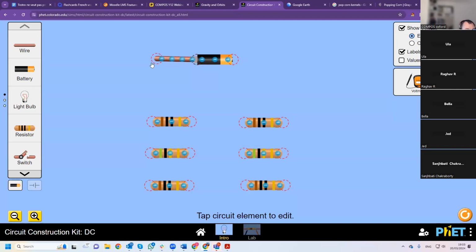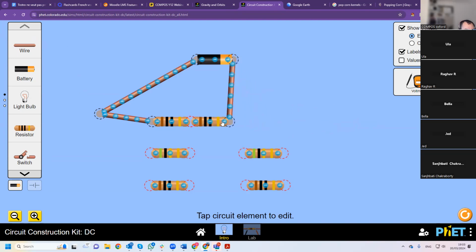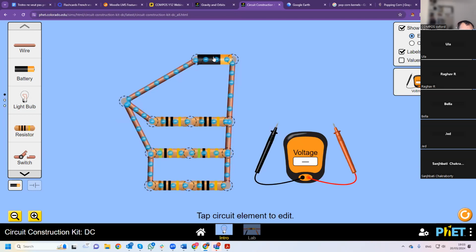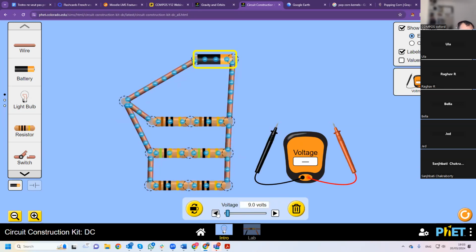Now I connect them. Okay, this is going to take forever, so I'm just going to simplify it. So what happens here? If I take a voltmeter, and let's make this 8 volts.